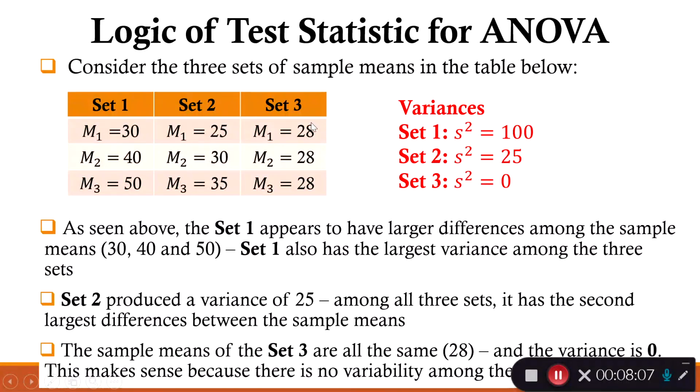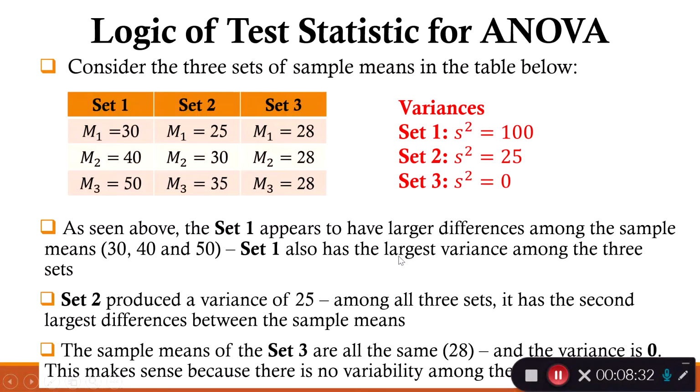So for set 3, we would say that there are no differences because the variance is 0. But set 1 has the largest variance because the numbers are farther apart from each other compared to set 2, whose variance is 25. And that's what I put here. As seen above, set 1 appears to have larger differences among the sample means, 30, 40, and 50.